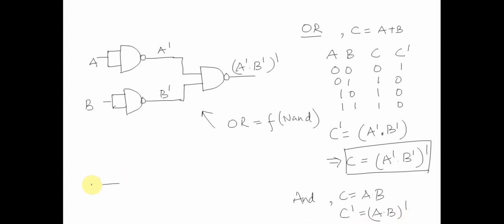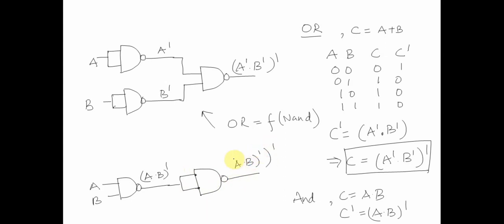If I have an A and a B, this would be nothing but A dot B whole bar. And now we do a complement of this. Complement of this is nothing but a NOT gate, and we have already seen how to realize a NOT gate using a NAND gate. We can simply split it and supply both the inputs of a NAND gate using this A dot B whole bar. And since this is a NOT gate, it will be A dot B bar whole bar, which will be nothing but A dot B. So this is realizing an AND gate using a NAND gate.